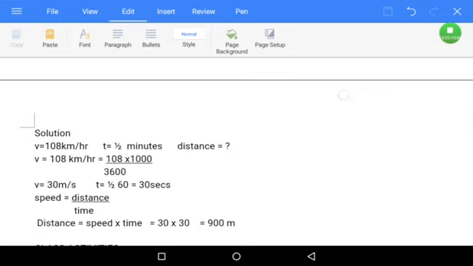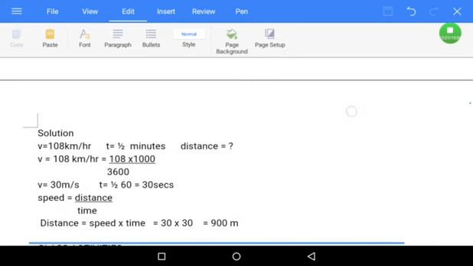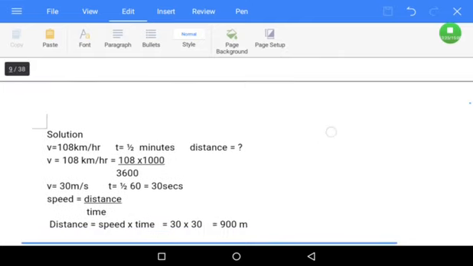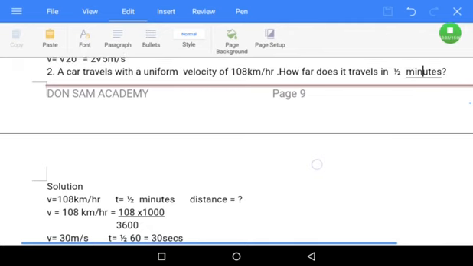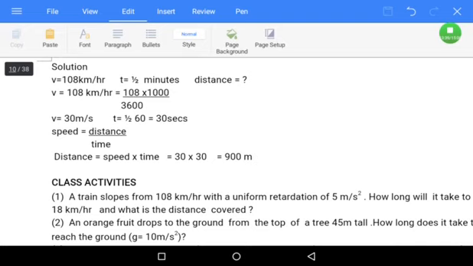So what formula combines distance, speed, and time? That's s equals ut plus half at squared. You can also use that, or you use your normal average speed formula. Do you understand that? Okay, but before you do that, you have to convert the km per hour to meter per second.